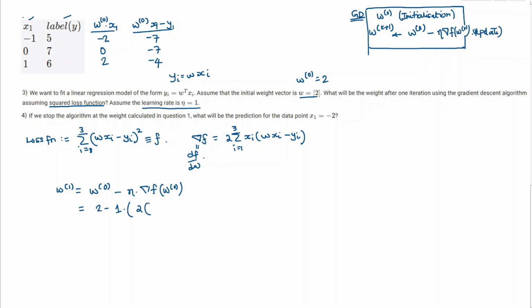A small part of the computation was missed. We also need to compute x1 times (w0 x1 minus y1). Let me just erase this part.